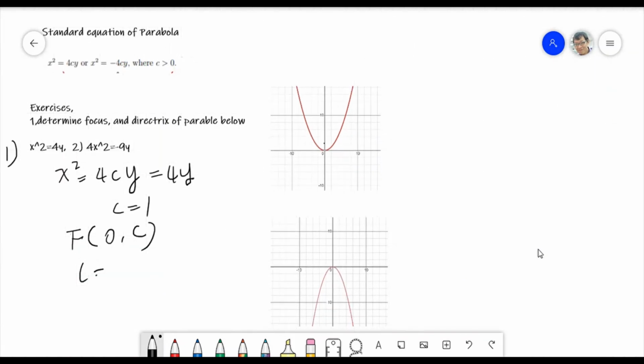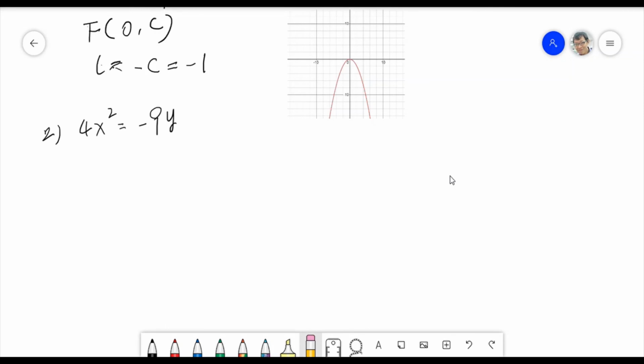So here we just write in L. So since this graph is upward, y should be below, right? So it should be negative c. So L equals to negative c. So it's negative 1. Am I right? So we already got the directrix is y equals negative 1.